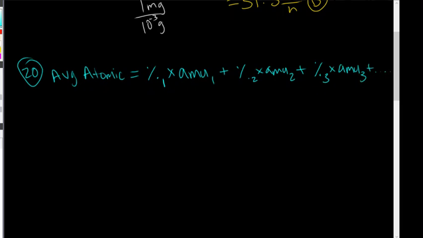If you have more than 3, which you usually won't, you're just going to keep adding. You'll multiply the percentage as a decimal times the AMU as a number.